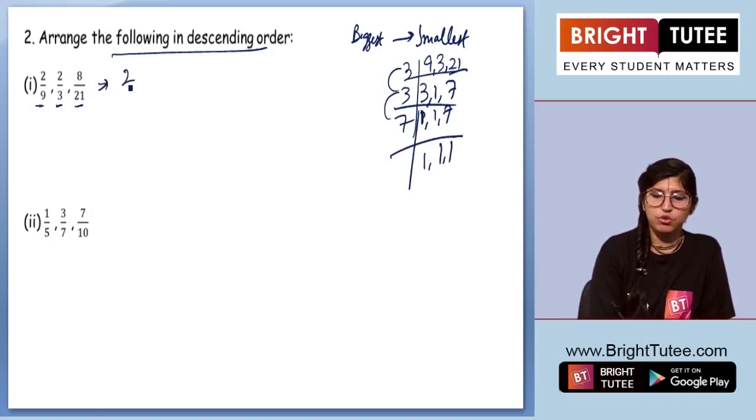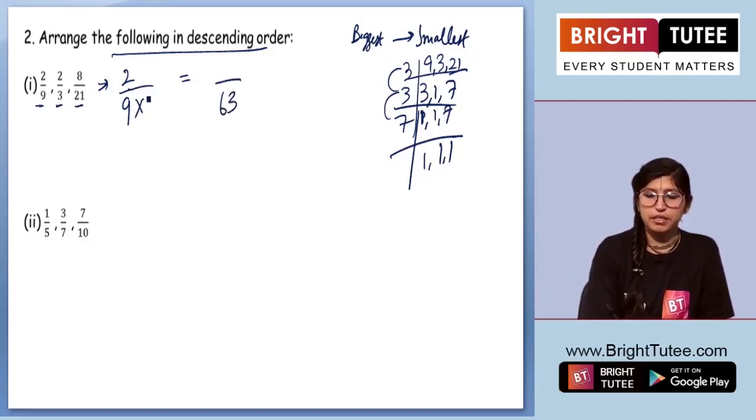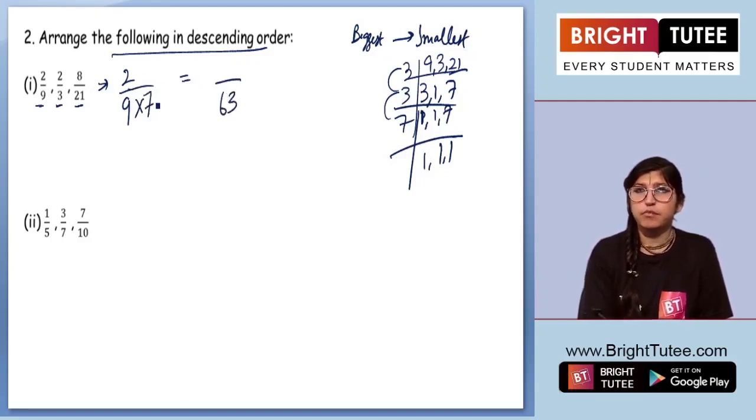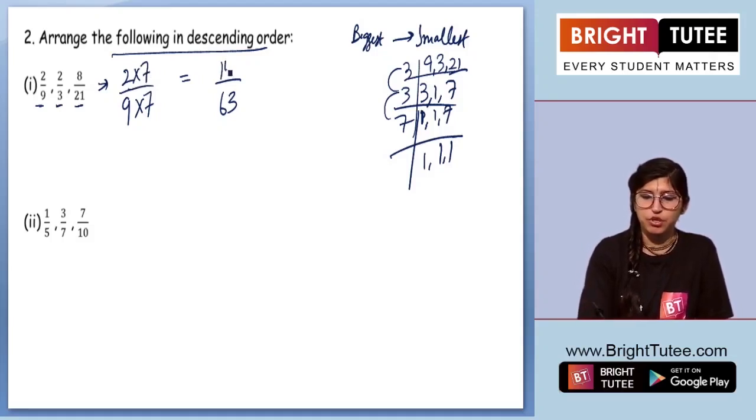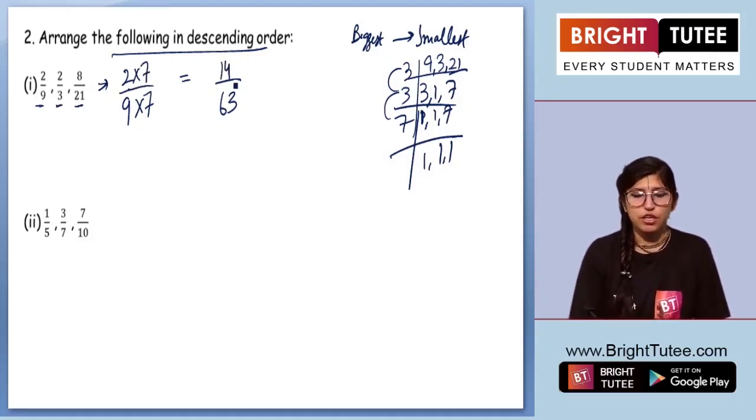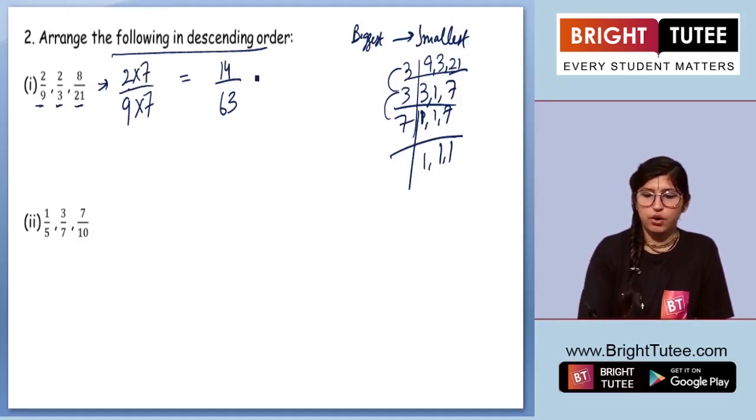So if I'm talking about 2 by 9, to make the denominator as 63, we need to multiply it by 7. Since we have multiplied the denominator by 7, we will be multiplying the numerator by 7 as well. So we'll be getting 14 upon 63 for 2 by 9. Now let's move on to the second one, 2 by 3.